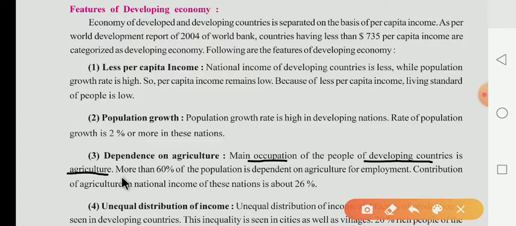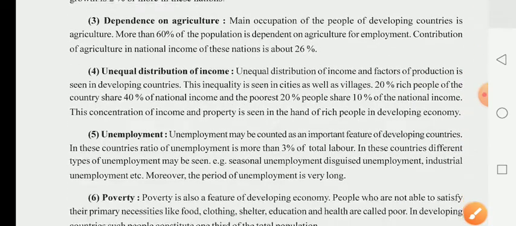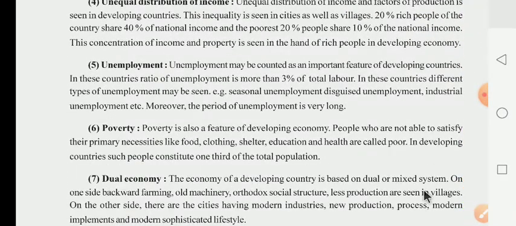In India, about 60% of the population is dependent on agriculture for employment, and the contribution of agriculture in national income is about 26%.